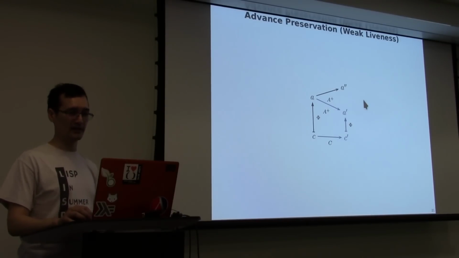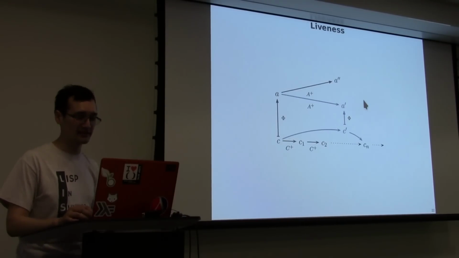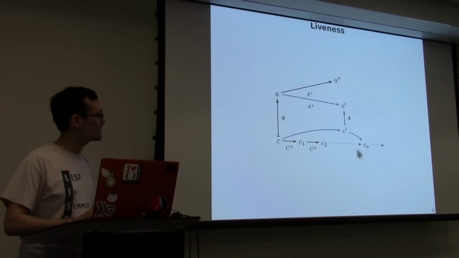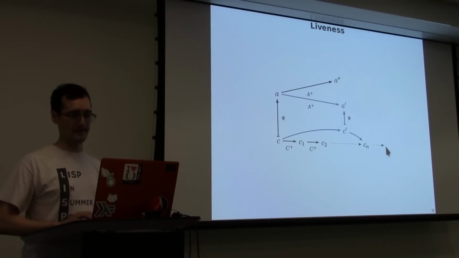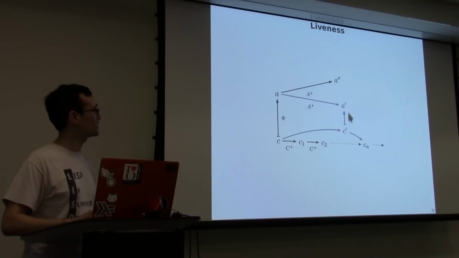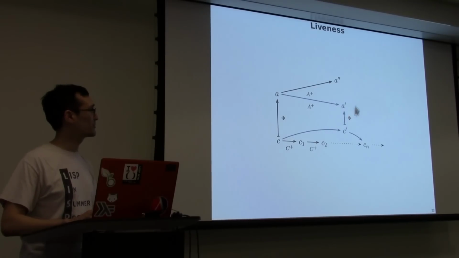Indeed. This is liveness. What I call liveness is if I have a long enough chain of advancing concrete computations, they will eventually go past some abstract computation. So I'm not churning in vain.